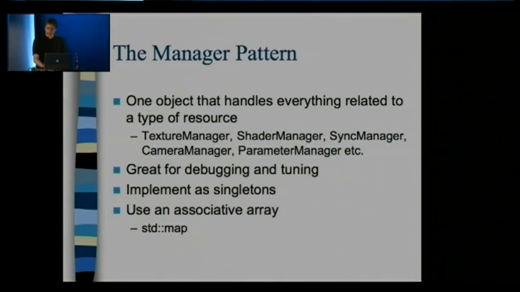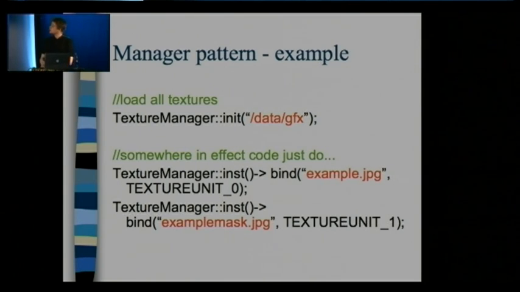So in practice, what a manager looks like would be something like this. Instead of manually loading each texture, you would tell your texture manager to init from a directory. It would load everything there, and then in your effect code, with a single line, you could bind a texture.